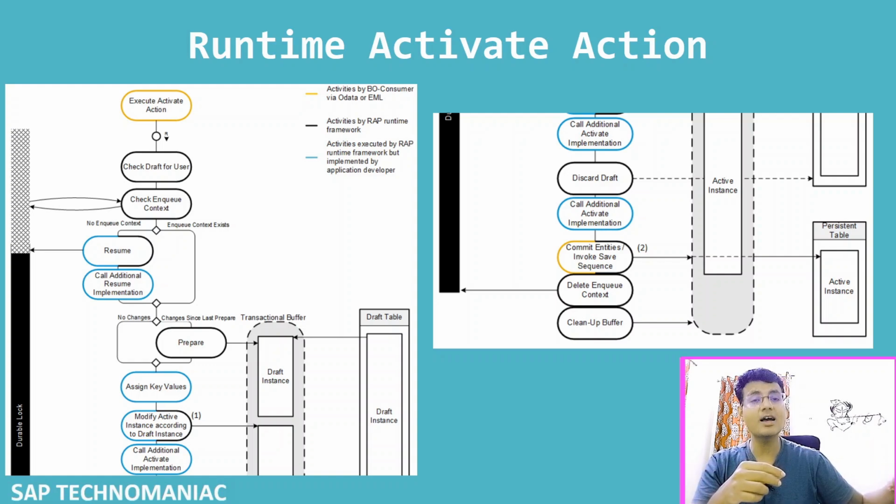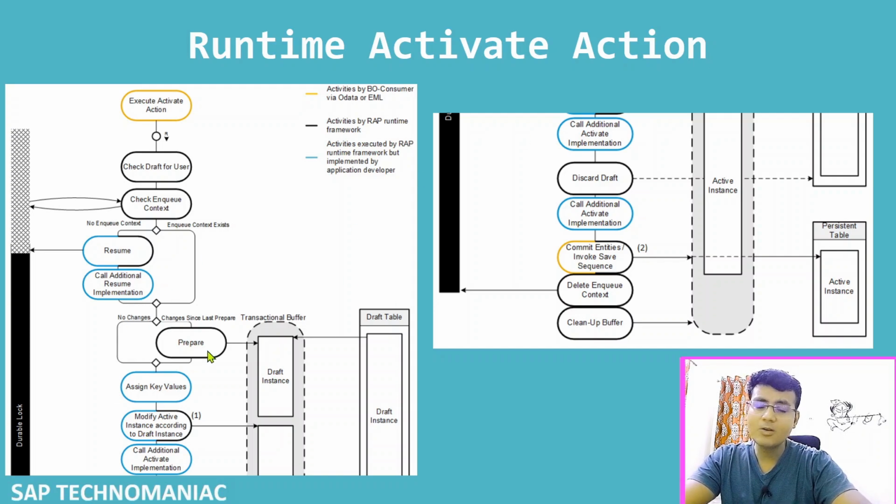During the save sequence, again we have a lot of things. We have the validations, we have the save before check; all those methods in the save sequence will be called, and the data will be saved in the database, and we will do the cleanup activities. This is how the activate action is triggered. There is one important thing you might have noticed.